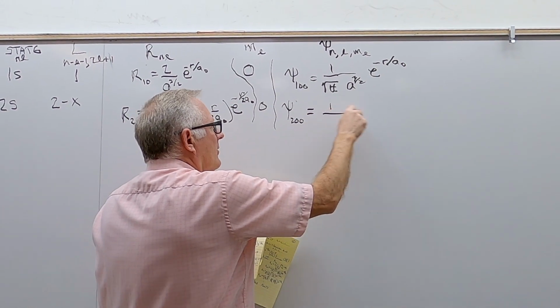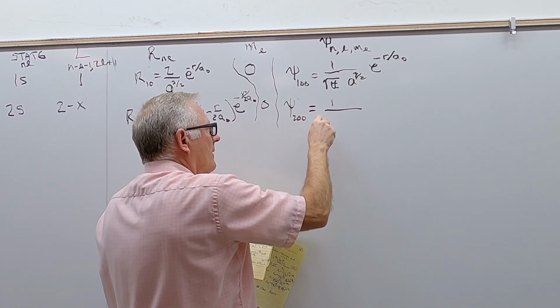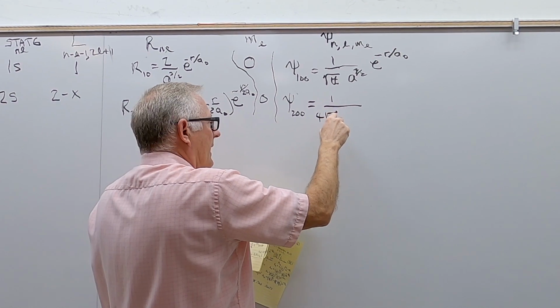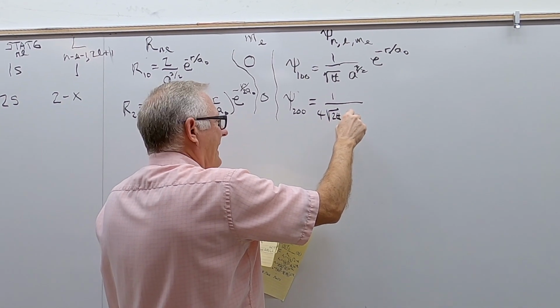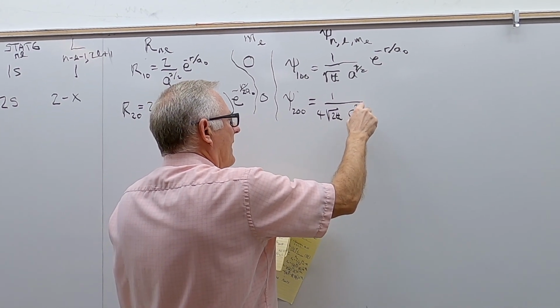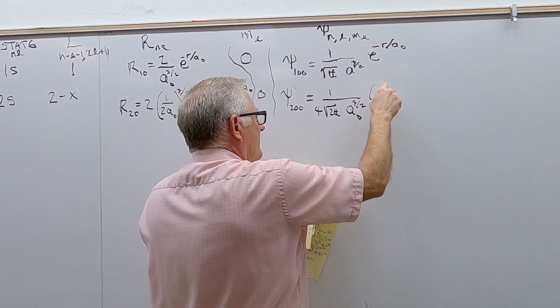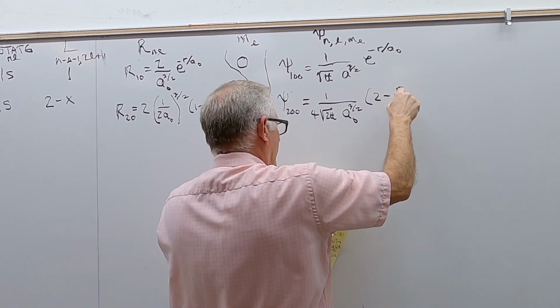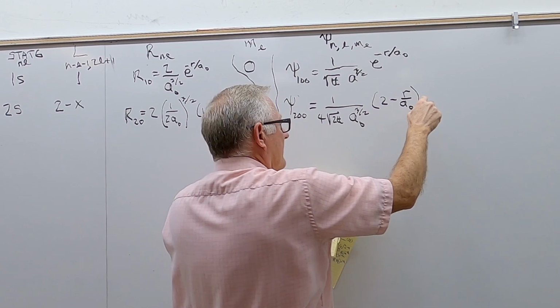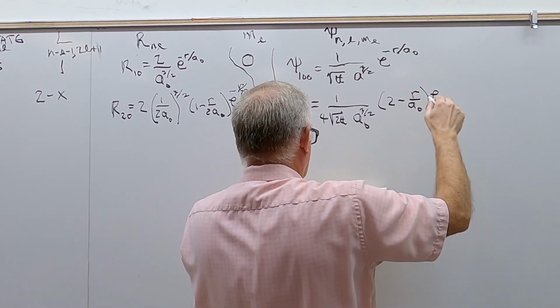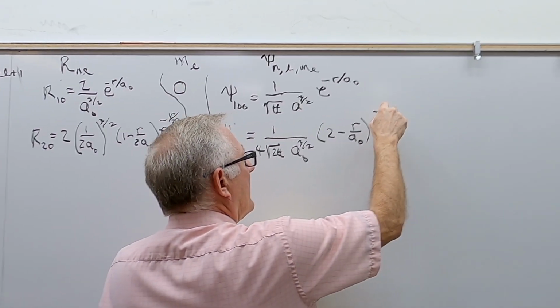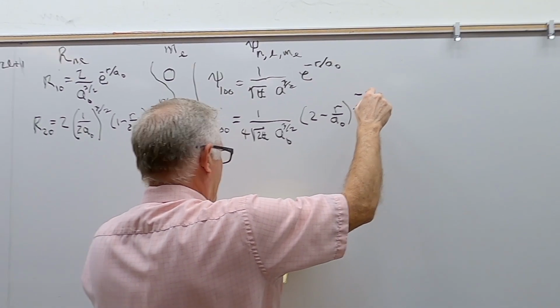And that is 1 all over 4 square root 2 pi a naught to the 3 halves times 2 minus r over a naught times e to the minus r over 2a naught.